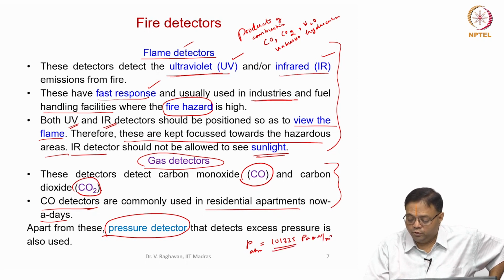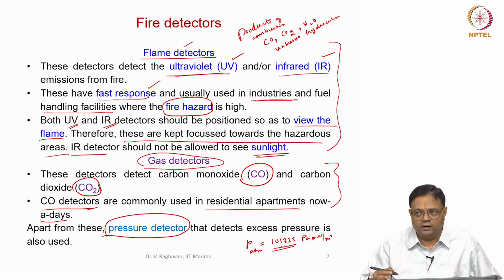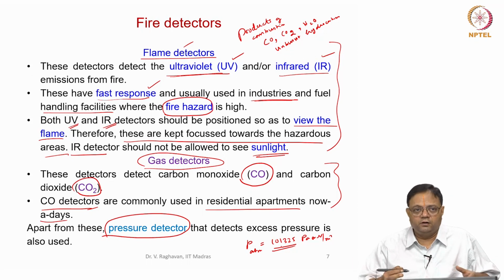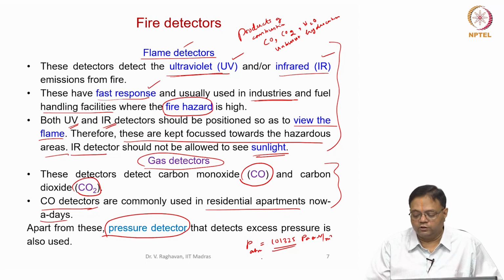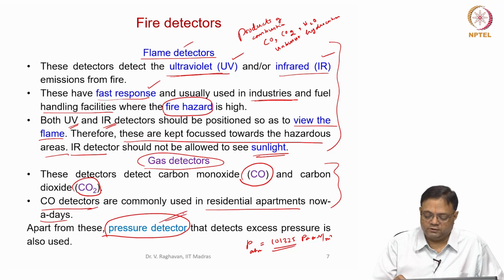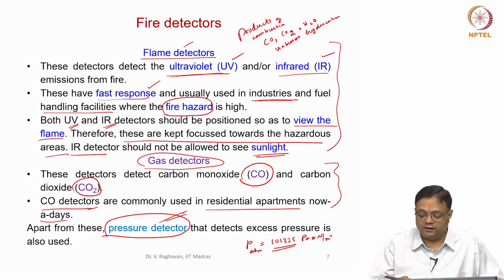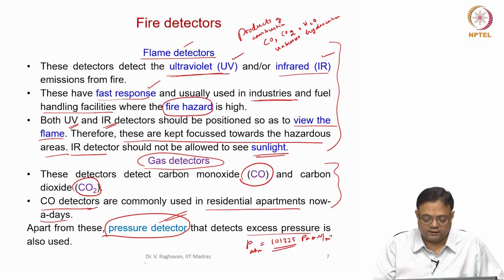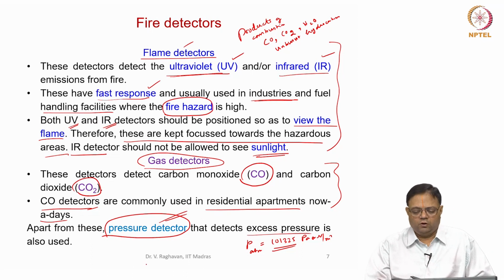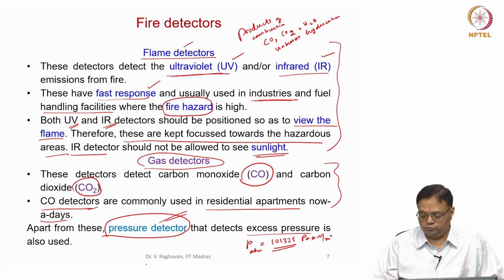So, if the pressure in a closed compartment increases to a certain value above this, then the pressure increase, the excess pressure, can be detected, and this also can be used. But it is not so commonly used.